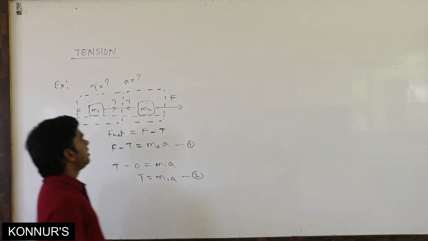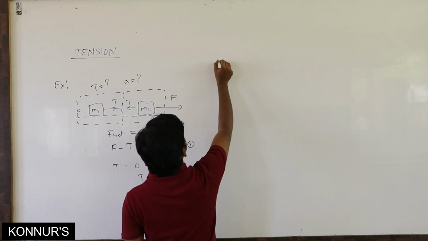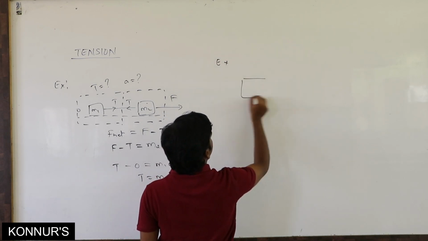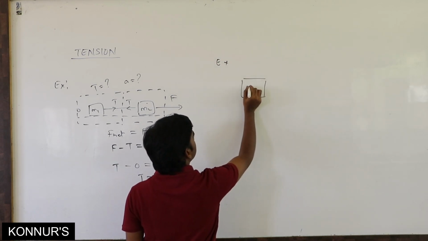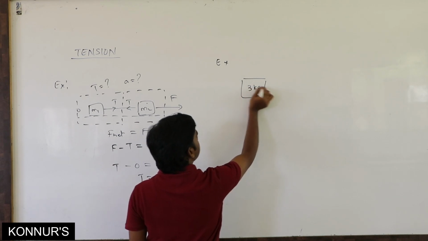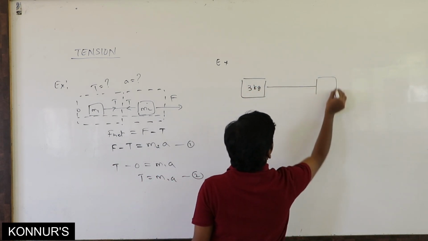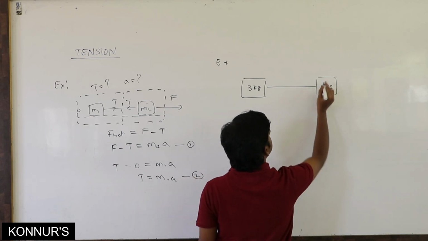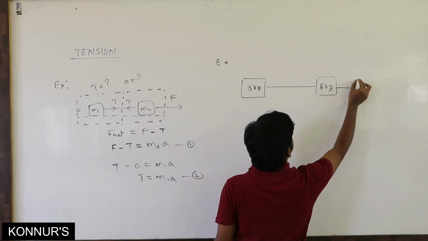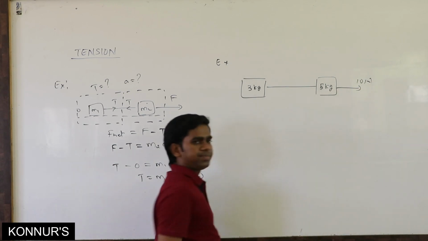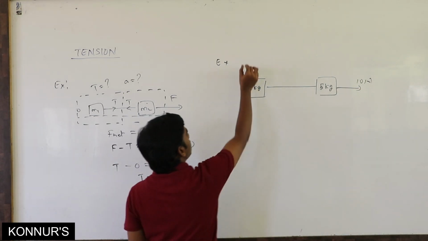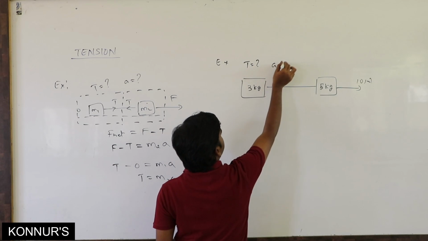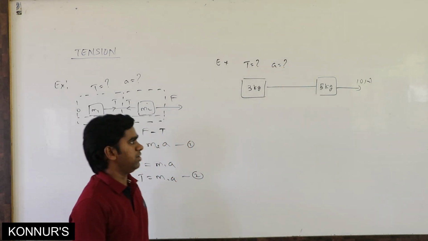For example, if I connect two bodies, of mass say 3 kg and another of mass 5 kg. Now suppose some 10 Newton of force is acting. They are asking what is the tension and what is the acceleration of the bodies.